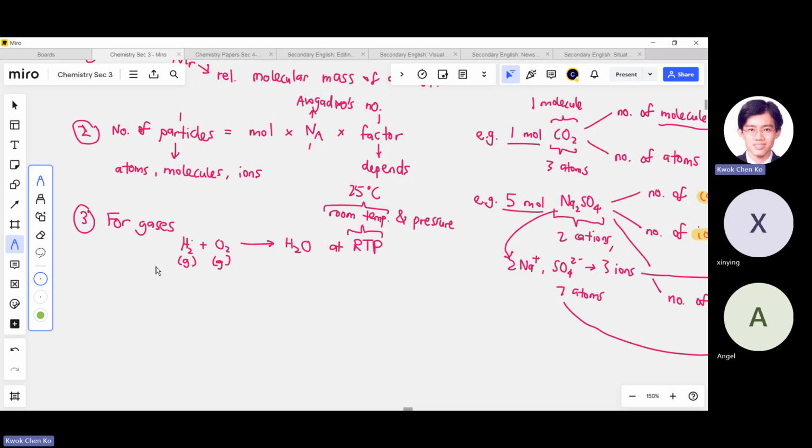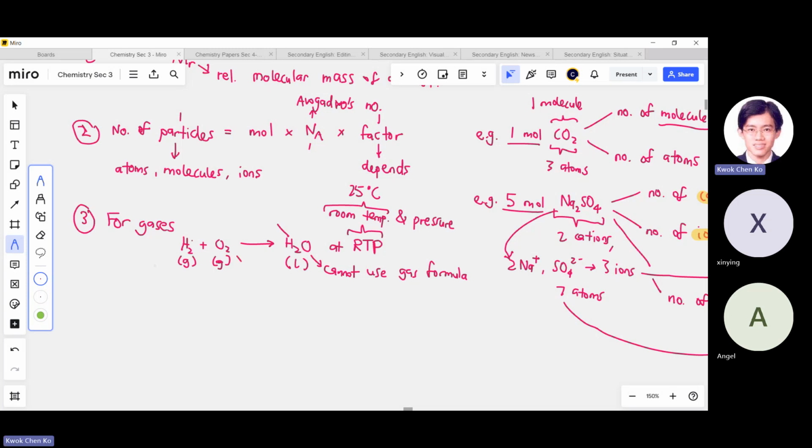And therefore, you can safely deduce that this guy is a liquid. And therefore, you cannot use the formula. Or let me be specific, you cannot use the gas formula.